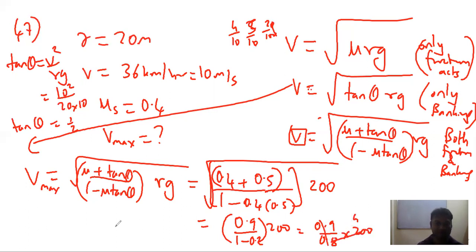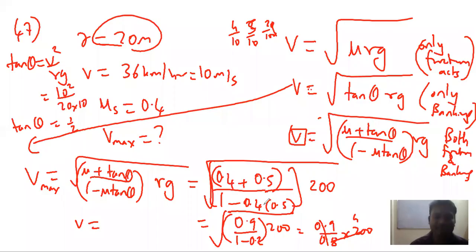We'll also have to take the root. And we have to multiply by rg as well, so radius is given to us as 20 and g we will assume as 10 in this case. So we will have our answer as square root of 0.9 upon 0.8 into 200.